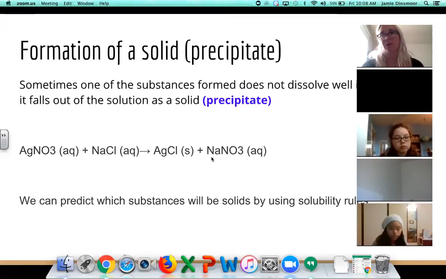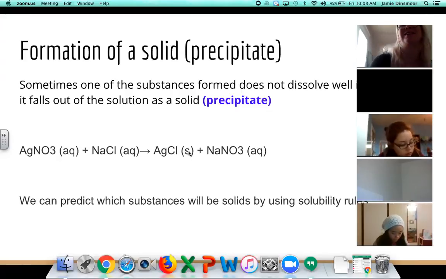And S means solid, L means liquid, and G means gas. So those three are pretty obvious and standard. So here we see we have two substances dissolved in water, and in the products, we end up getting a solid. And that solid would actually precipitate out of the solution.